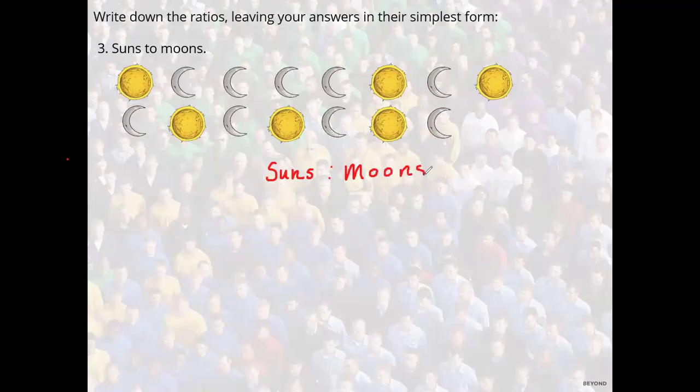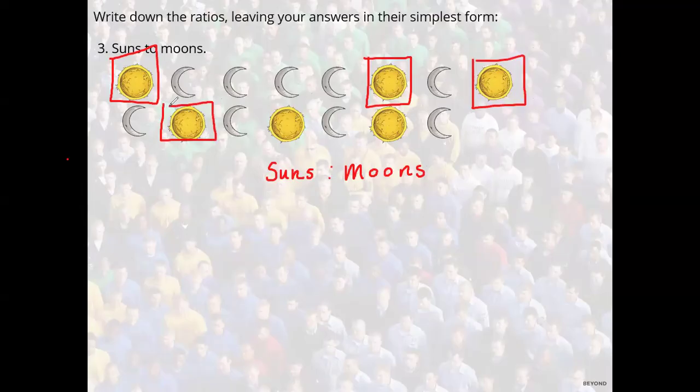So how many suns do we have and how many moons do we have? Let's count. 1, 2, 3, 4, 5, and 6. We have six suns. How many moons do we have?